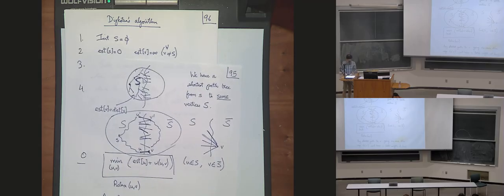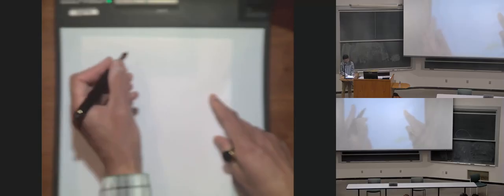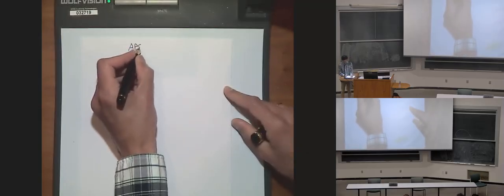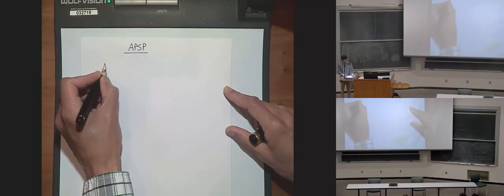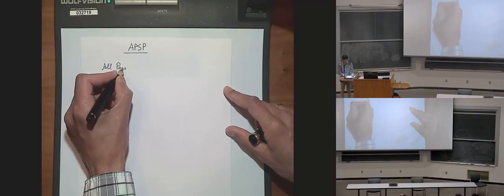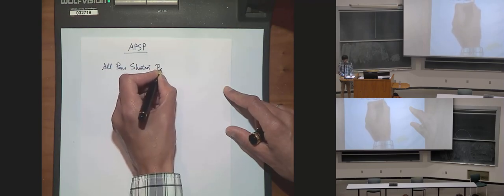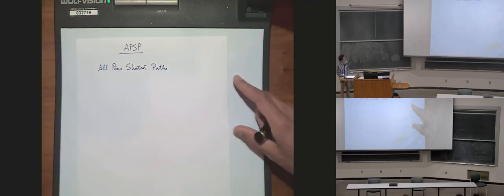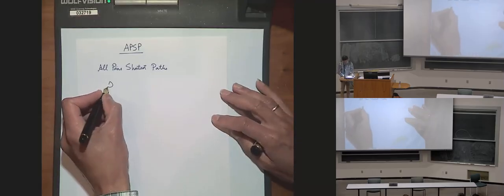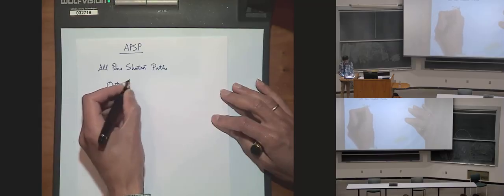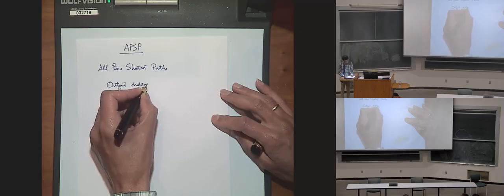All right. So the next thing to talk about in the context of shortest paths is a problem called APSP, which is all pairs shortest paths. So what I want to output is something called the distance matrix.